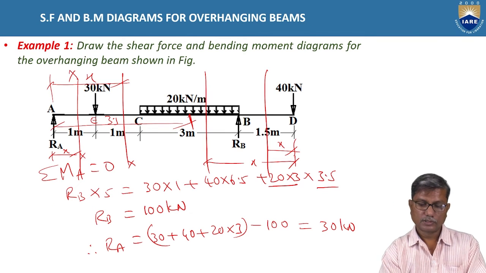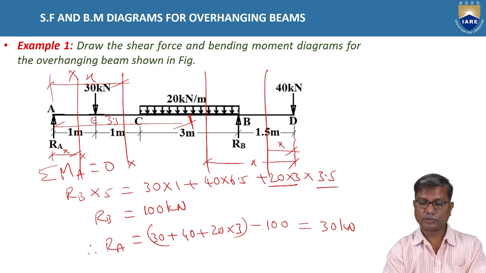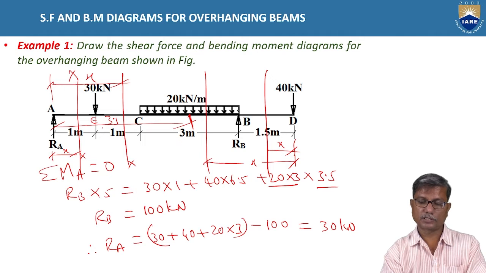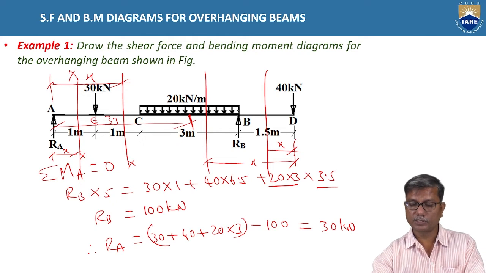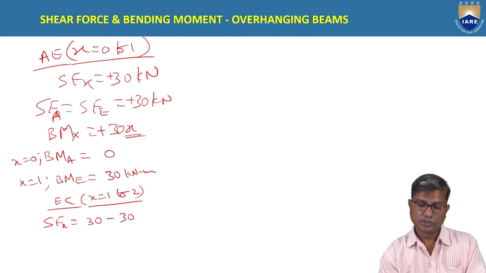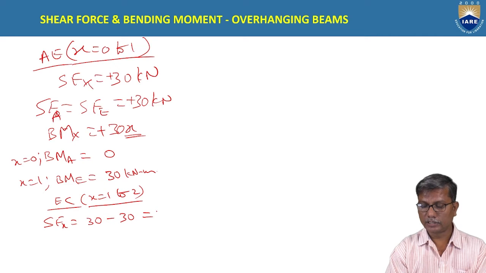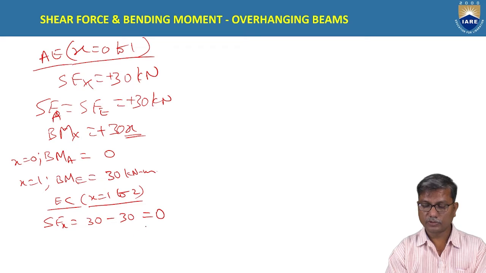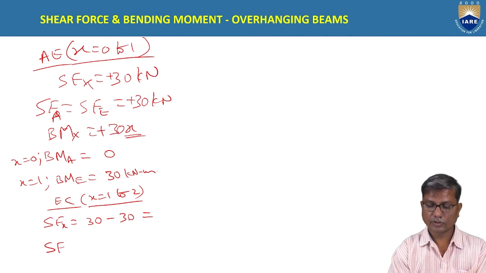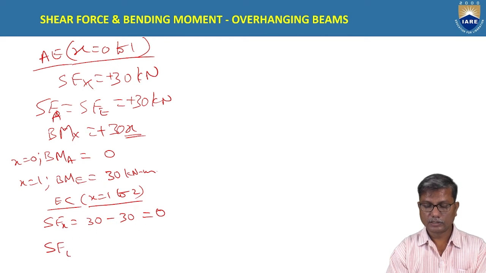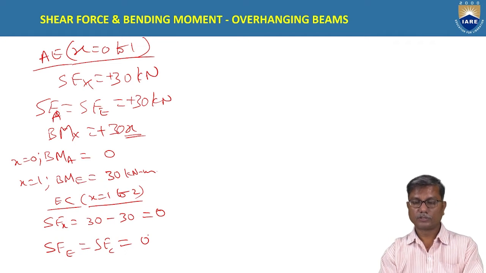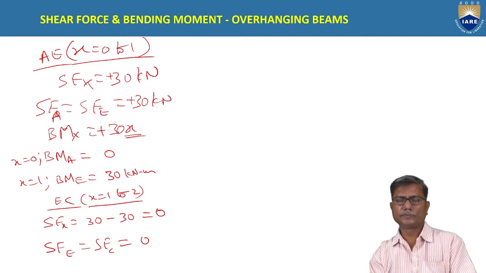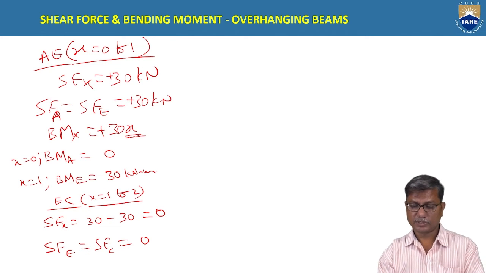RA is 30, which is positive, left side upwards, minus 30, which is left side downwards, so it is negative. So 30 minus 30 is 0. That means shear force at E and shear force at C is 0. That means between E and C, the shear force is 0.